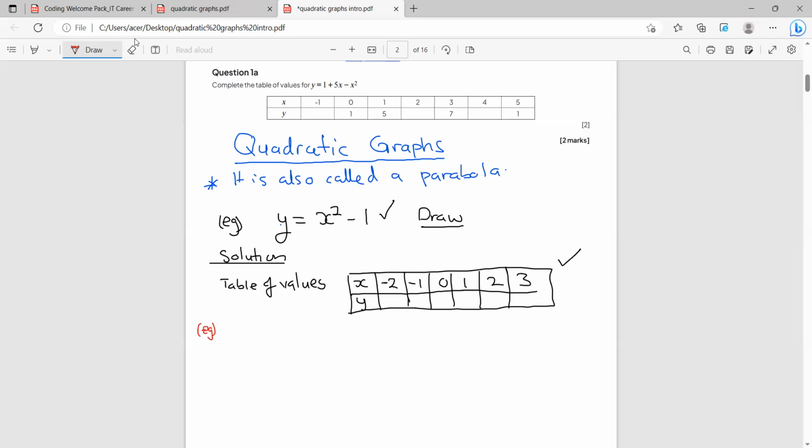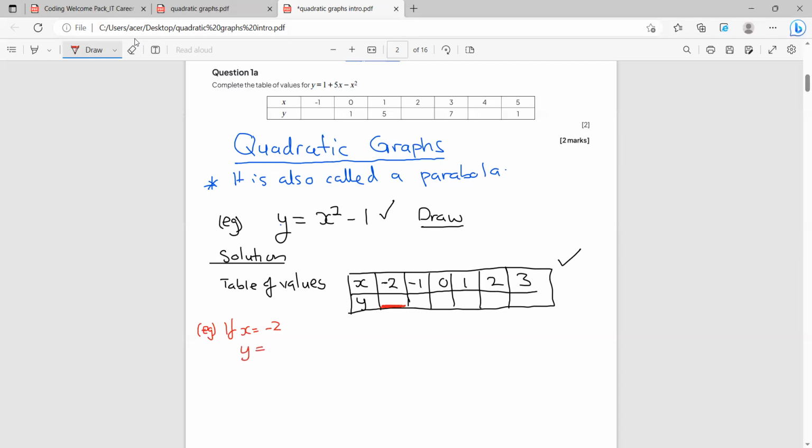You don't really need to show this working in your book, but that's fine. So if x is -2, this is the first one, we want to know the corresponding value of y. So what you do is you write your equation.